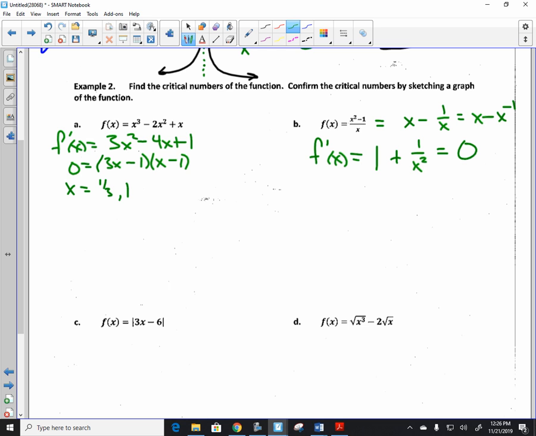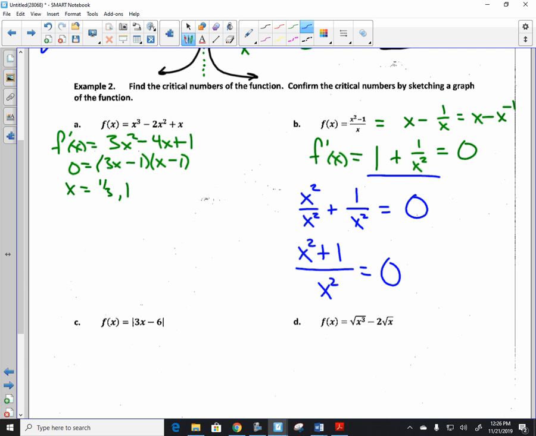Refrain from doing so. Create one fraction. If I want to create one fraction, what am I going to do? I'm going to find common denominators. So I have x squared over x squared plus 1 over x squared is equal to 0. Or x squared plus 1 over x squared is equal to 0.